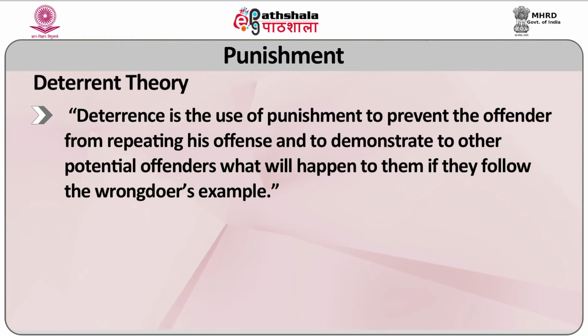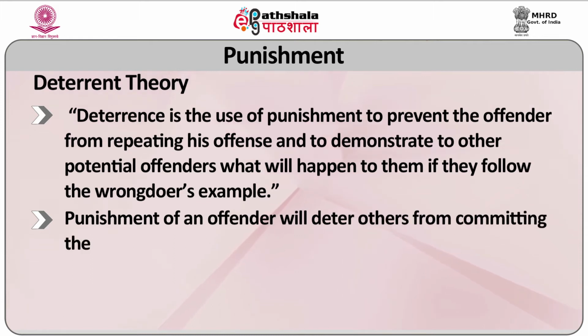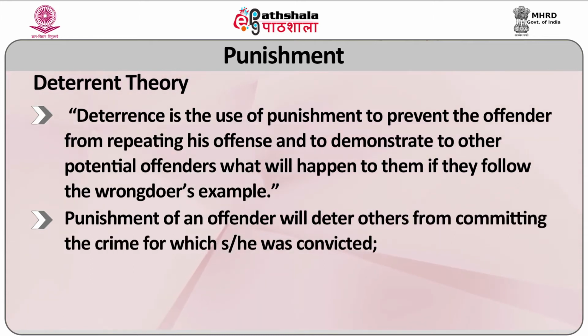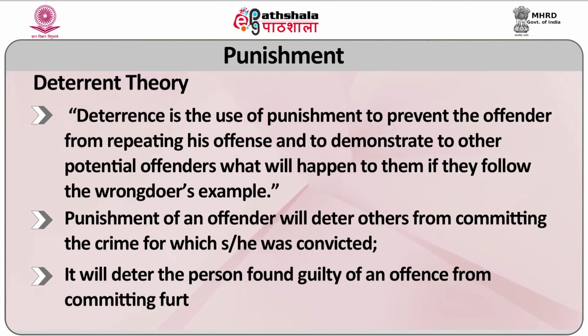Now, it is notable that deterrence is used in two senses. First, punishment of an offender will deter others from committing the crime for which he or she was convicted. Second, it will deter the person found guilty of an offense from committing further crimes.